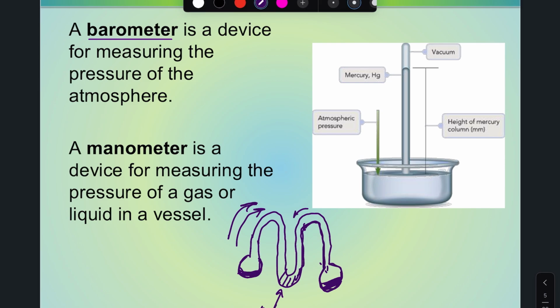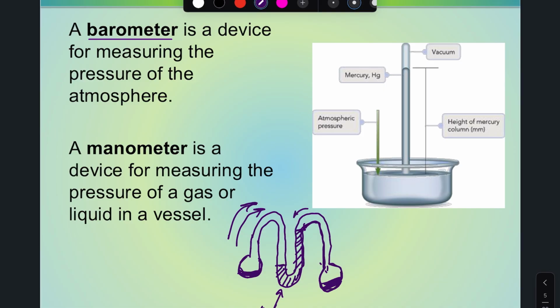On one side, we will get a much lower value, and on the other side, a much higher value. Reading the millimeters that this mercury has traveled will tell us information about the amount of pressure pushing on one side versus the other of this manometer. So that's kind of how a manometer works.